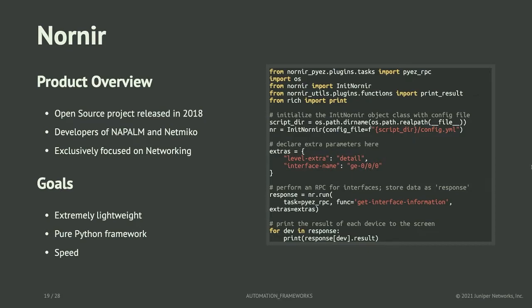But being a pure Python framework has its own strengths and weaknesses. We'll definitely cover this, but with Nornir, you could argue it's a strength and maybe a weakness, depending on the person, that it is completely written in Python, meaning you are still going to have to learn Python, become proficient with it, and understand what it takes to be a good developer in Python to execute a successful Nornir automation script.